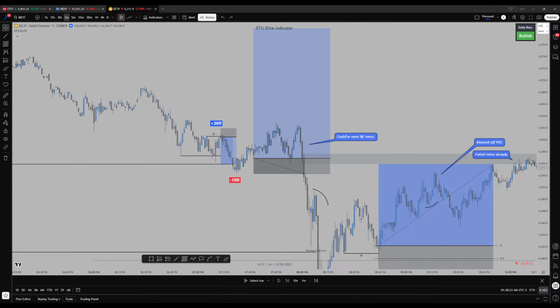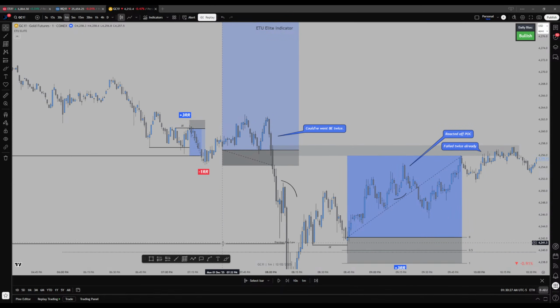If you ever want to improve your system to a positive system, use the 50% retracement rule I just said. It will double your risk reward. So when you cut your stop loss in half, that's considered being more aggressive. Instead of being more aggressive with your stop loss, be more conservative with your entry point.